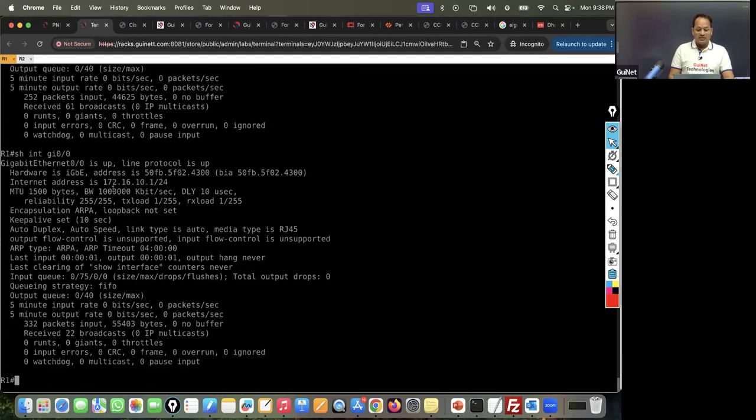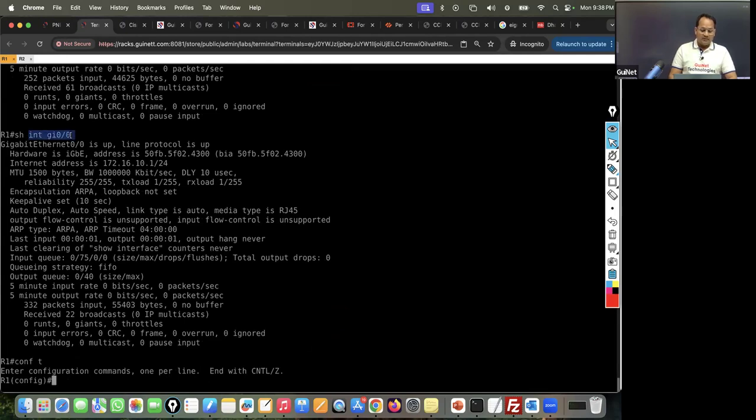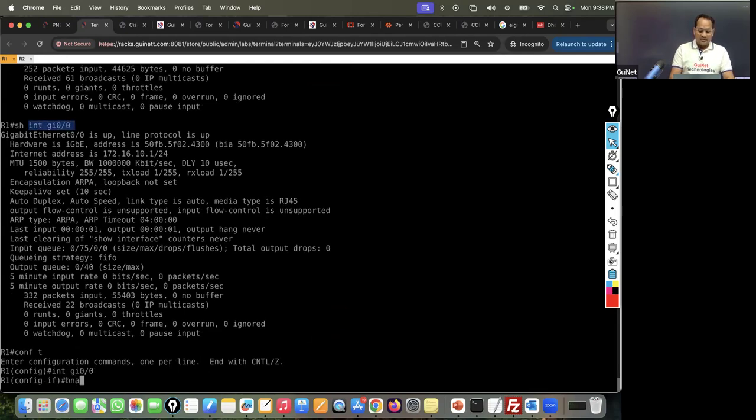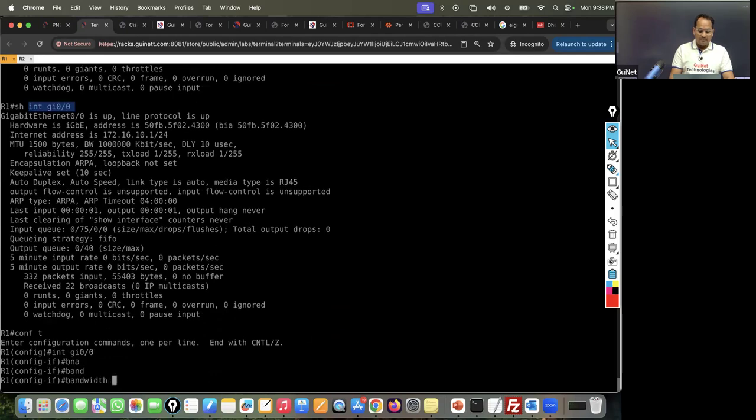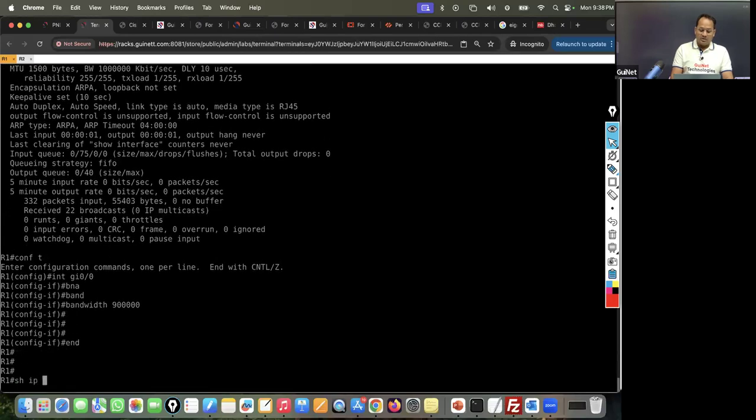Now this time I'll change the 0/0 interface bandwidth. I'll go here and put the bandwidth 900 Mbps. Done. And now check show ip route.